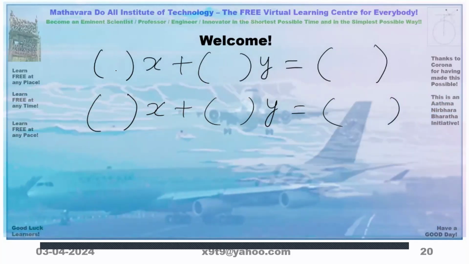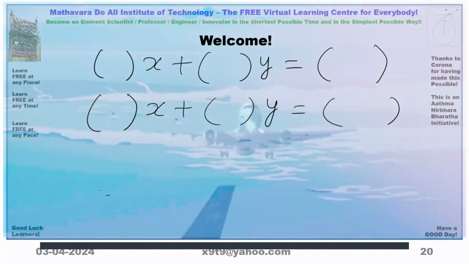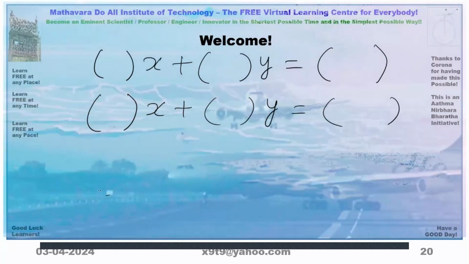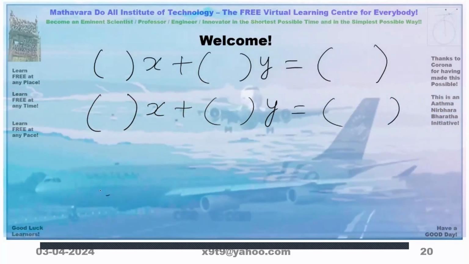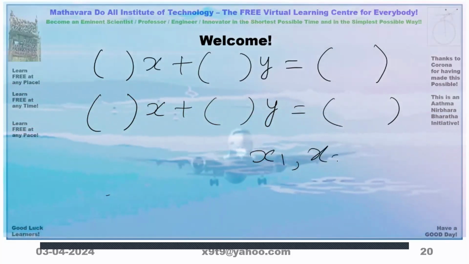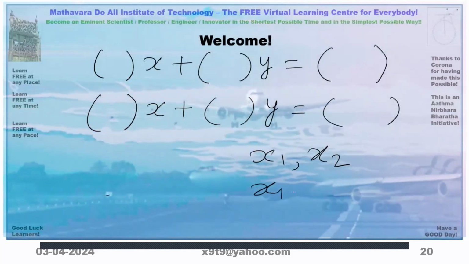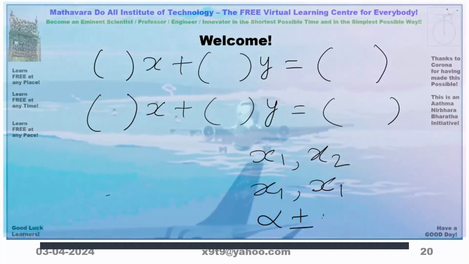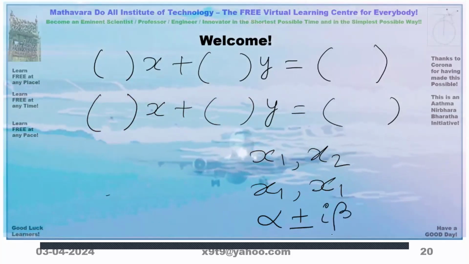Use this method and you will get the answer for all problems. Whereas for quadratic equations, there are three types of answers. One is getting x1, x2. Another is x1 repeated, or alpha plus minus type.